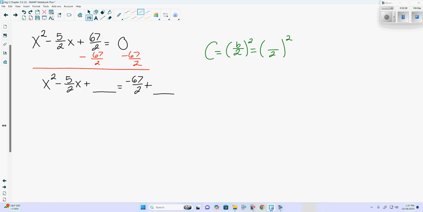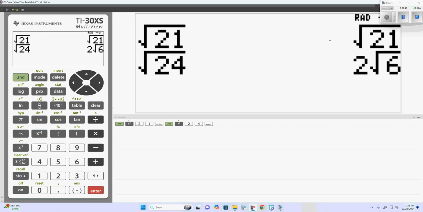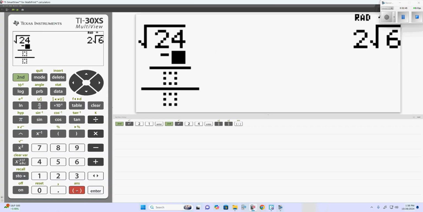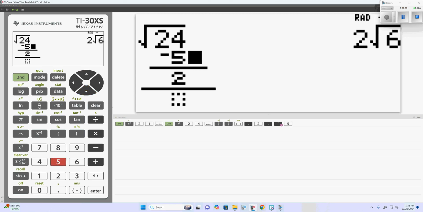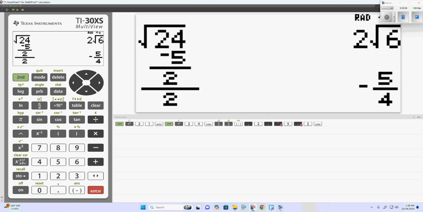C is equal to b over 2 squared. Now what's the value of b this time? Well, it's negative what? Negative 5 over 2. Well, luckily for us, we don't have to do this by hand, because both calculators will do negative 5 over, well, we need the 5, over 2, which is negative 5 over 4.